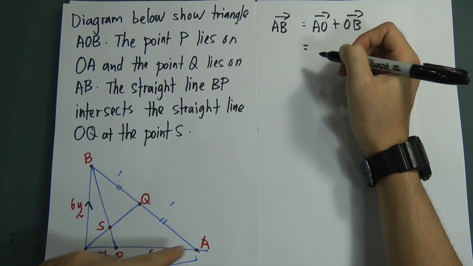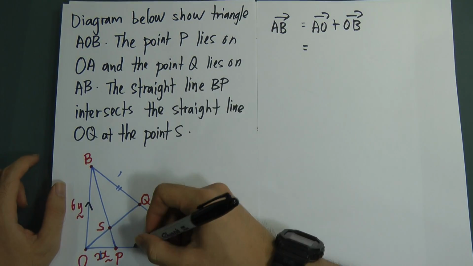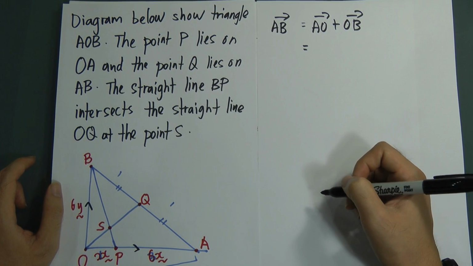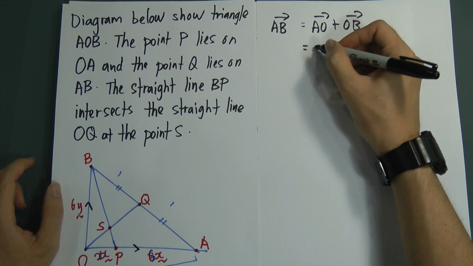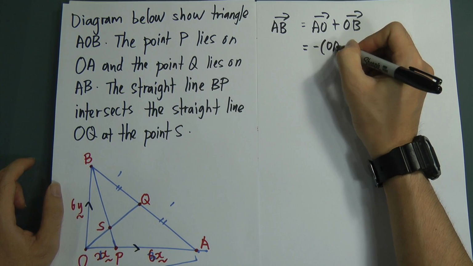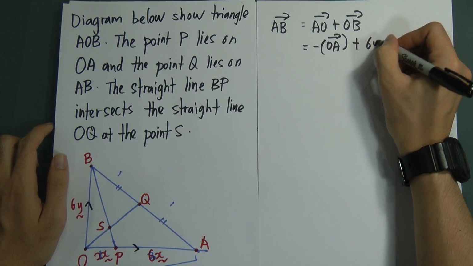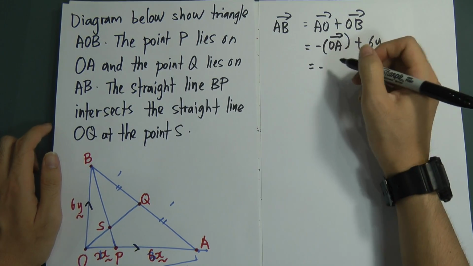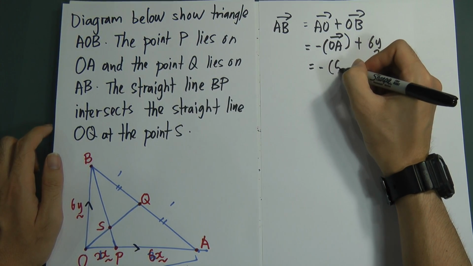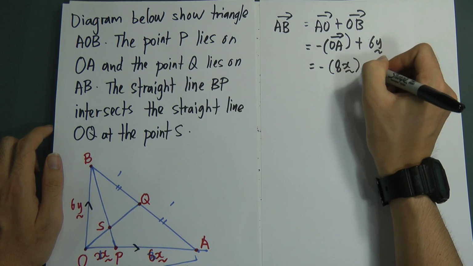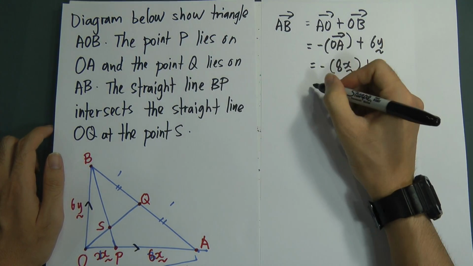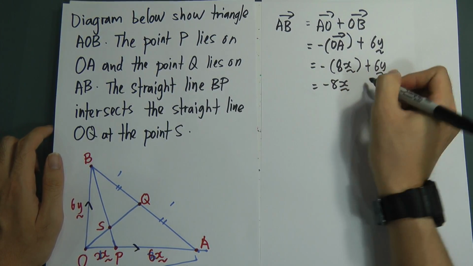Just now we got OA equal to XX. So AO will equal negative OA plus OB, which is 6y. OA is XX, so AB equals negative XX plus 6y.